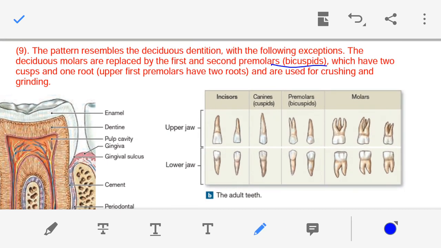That means the premolars have two cusps.